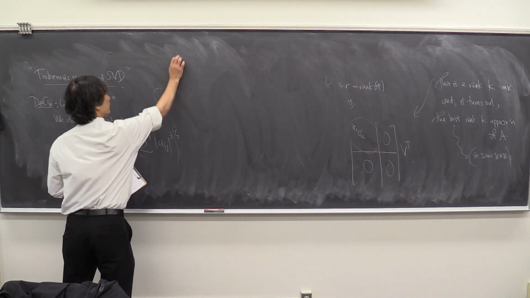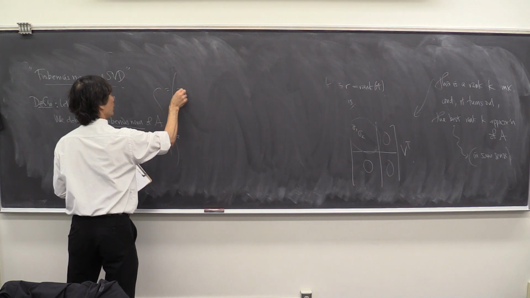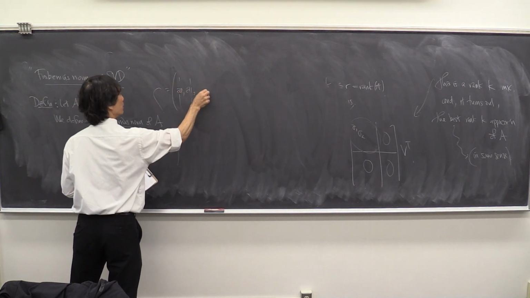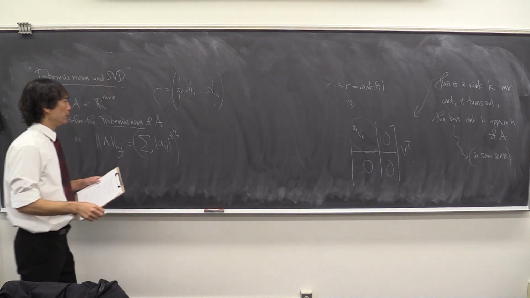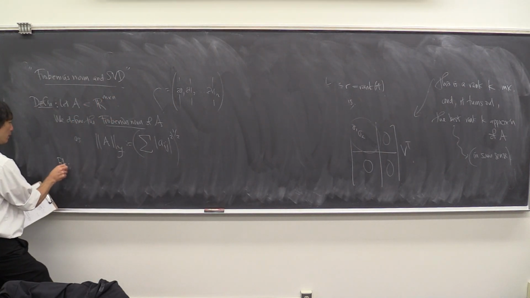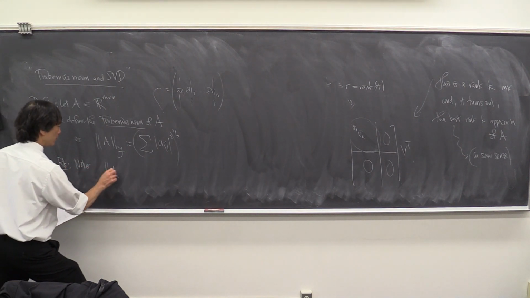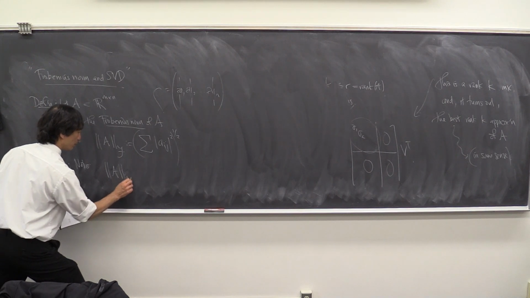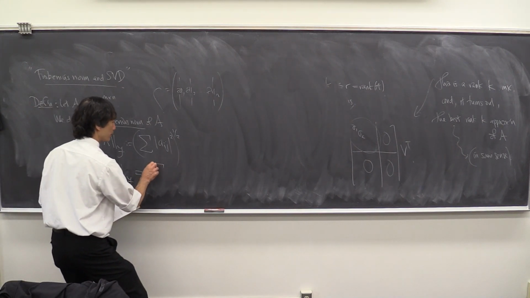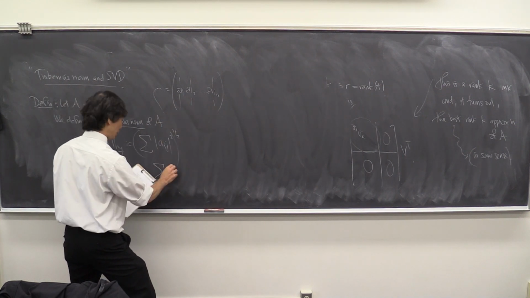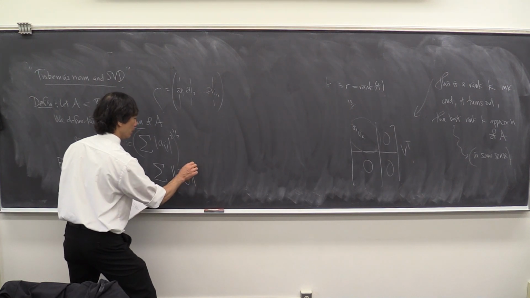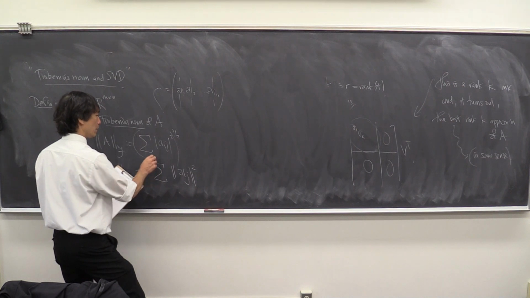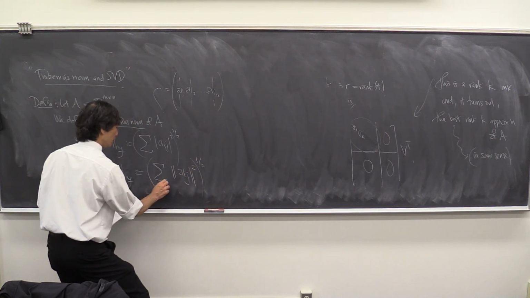If we write A as column vectors A1, A2, through An, then notice, as a remark, that the Frobenius norm can also be thought of as taking the squares of the norms of the columns, summed over j from 1 to n, everything to the 1/2.